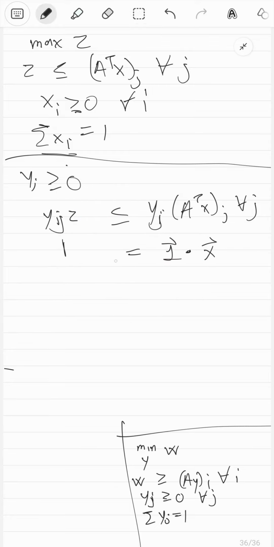Now I'll add all of this up, and what I'll get is the summation of yj times (z minus 1).